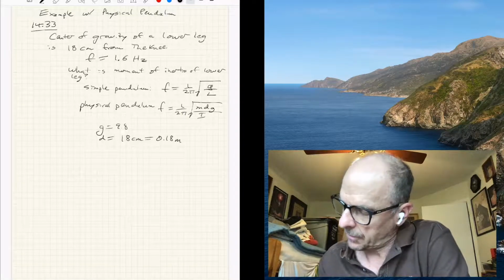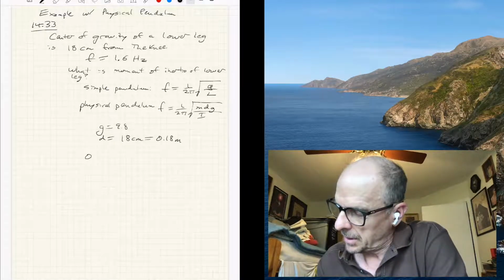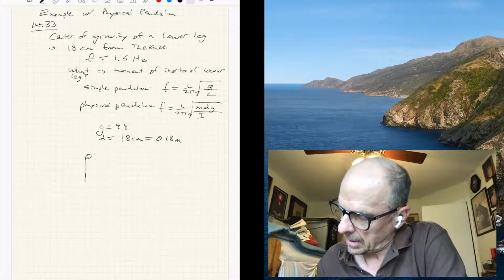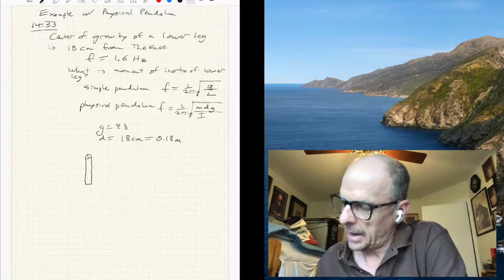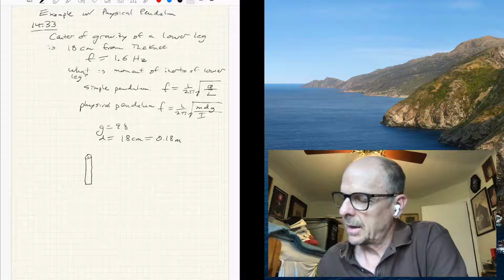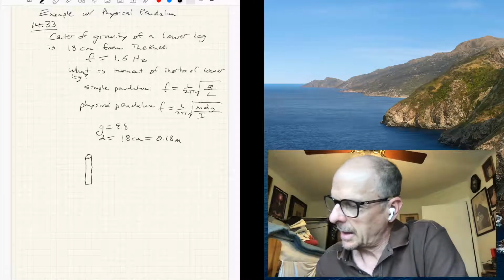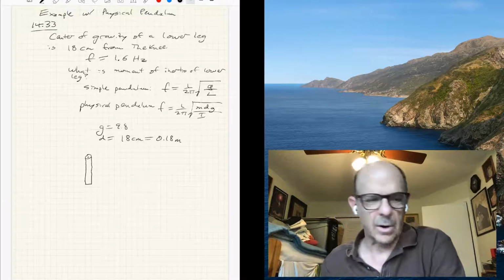Let's make a sketch, and I'm not going to try to make it anatomically faithful. Here's our pivot point, and I'm just going to draw the leg as a cylinder, basically. The problem didn't tell us to treat the leg as a cylinder, but we're going to model it that way.